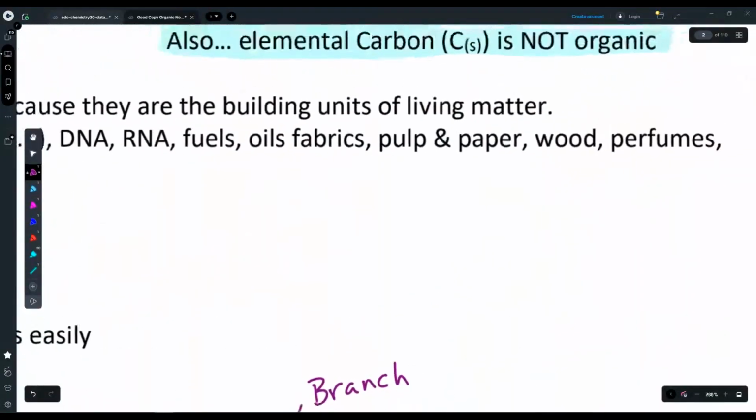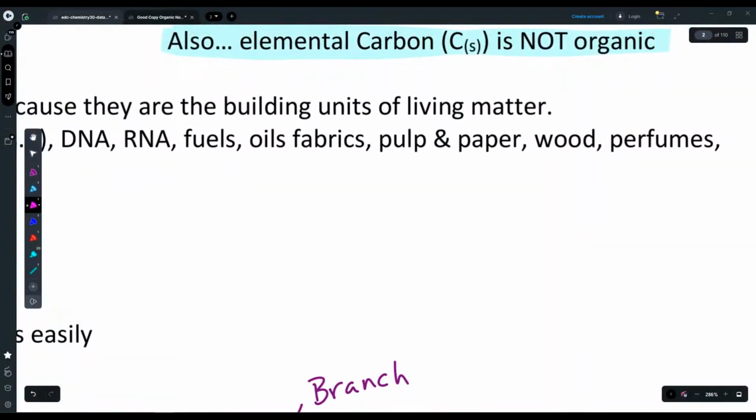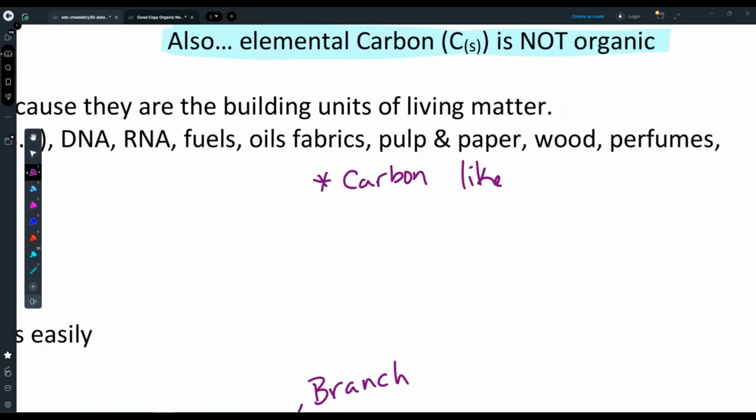We can do that right up here. So carbon likes to have 4 bonds. So that is pretty important.